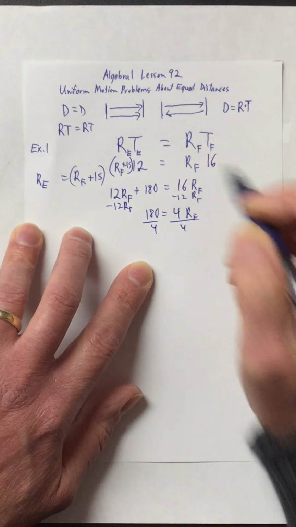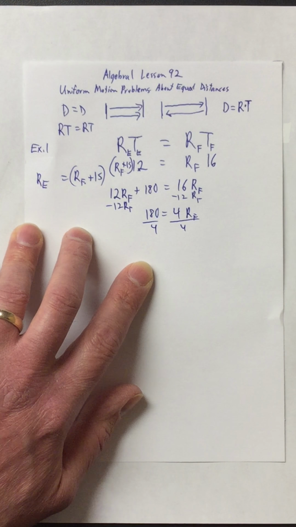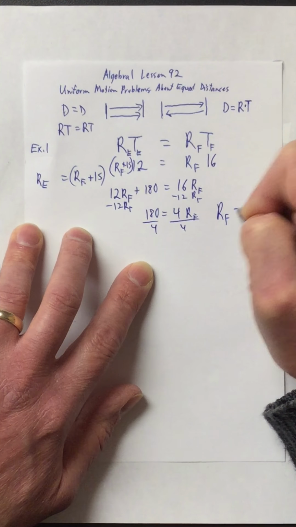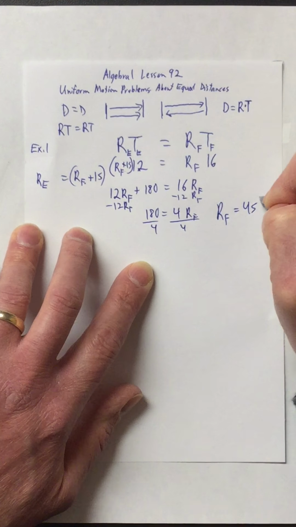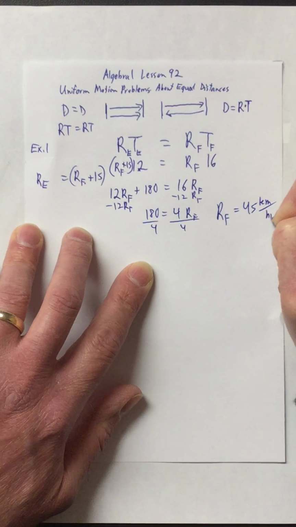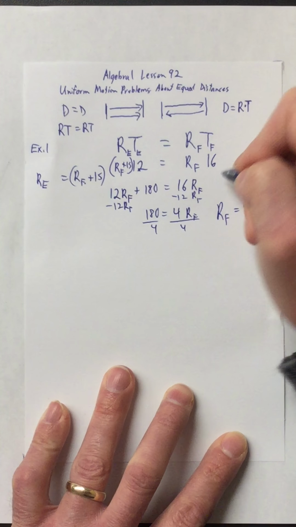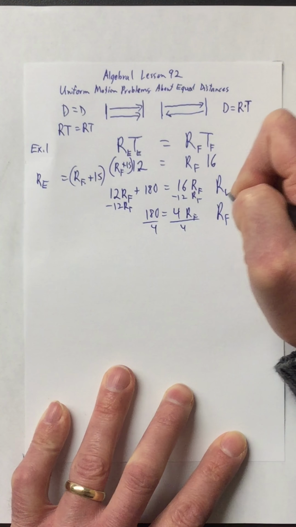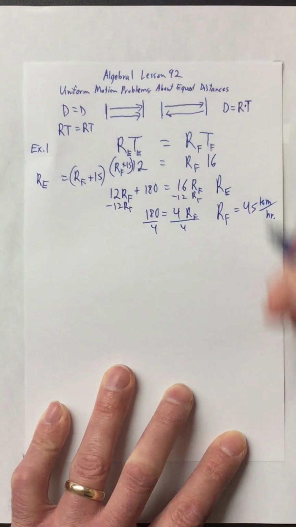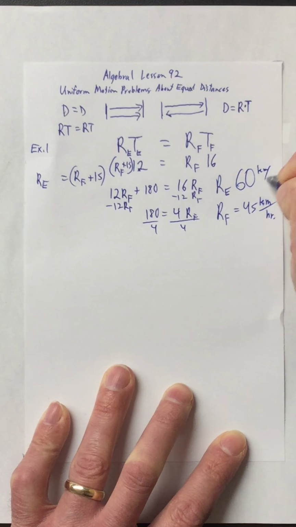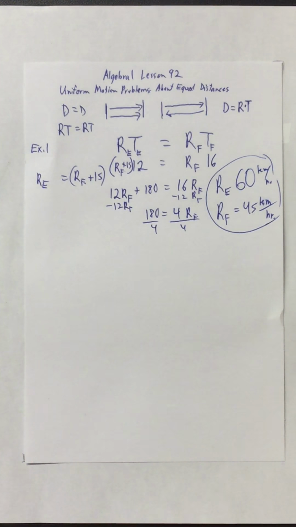Divide both sides by 4, 180 divided by 4, and it looks like my freight train is going 45 kilometers per hour. If that's what my freight train's going, then my express train was 15 kilometers per hour faster, so 60 kilometers per hour for the two answers there.